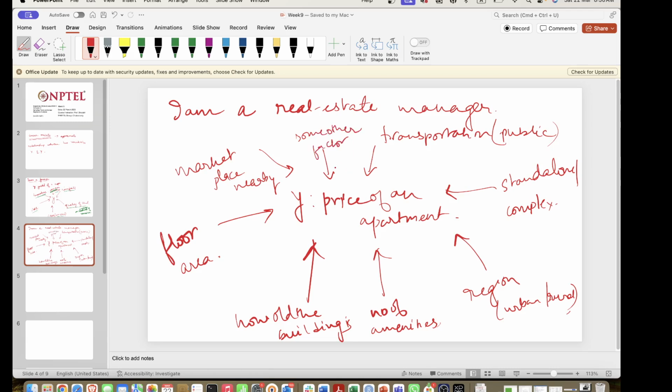Okay, we can assign those differences in prices to some other unknown factor. So here again, these are my potential variables which can influence y.